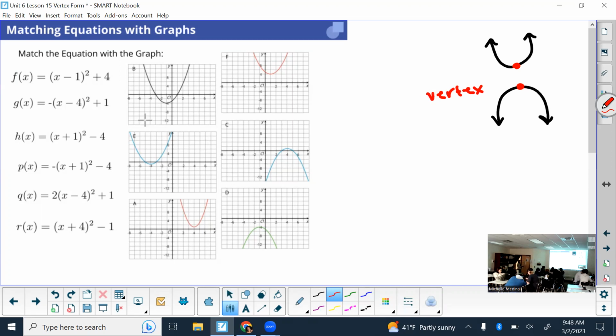So when we're getting the vertex from the formula, we're matching it to the right graph. Granted, and this will happen on your test too, there might be 1 or 2 options that have the same vertex. Then you might have to do a little more work to see which graph it is. Okay, so I'll let you try and figure it out, and then I'll give you a few more strategies to use when we go over it.